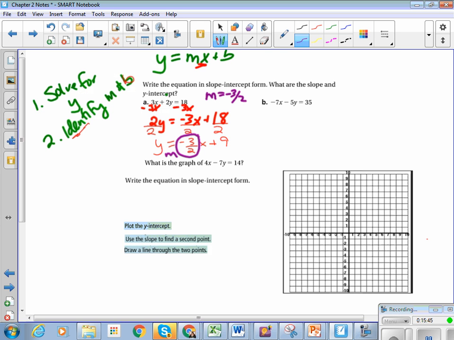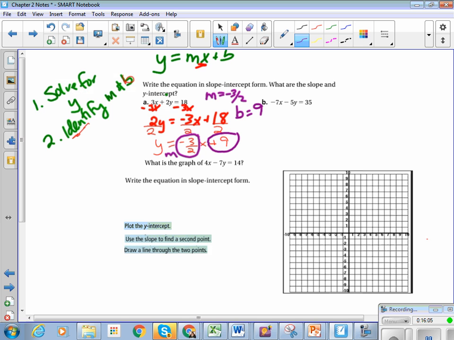And then the other guy that's all by himself, he is our y-intercept, and he is 9.